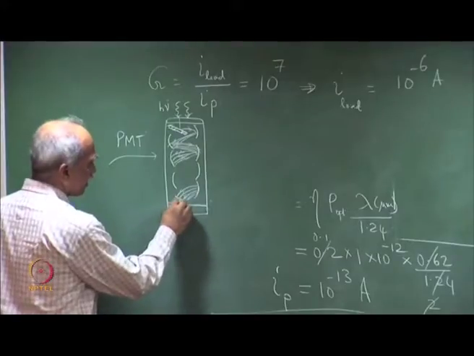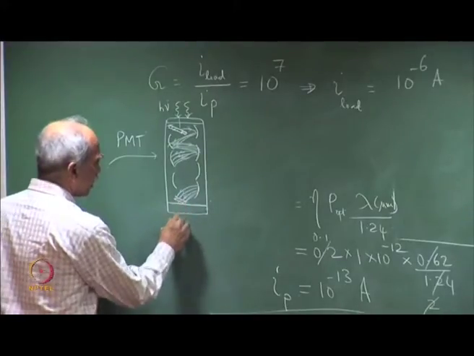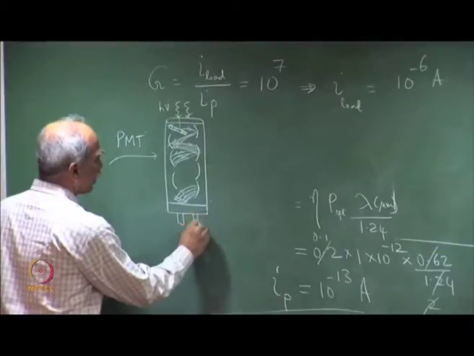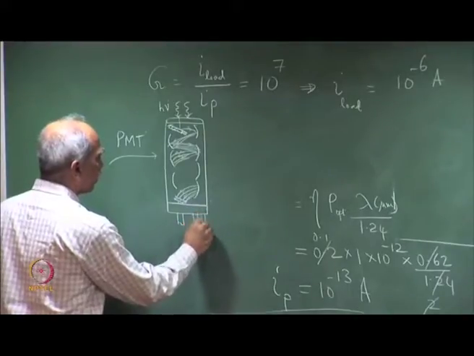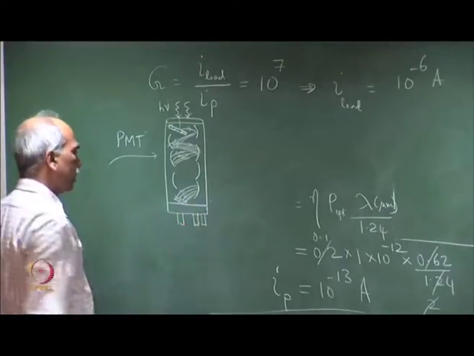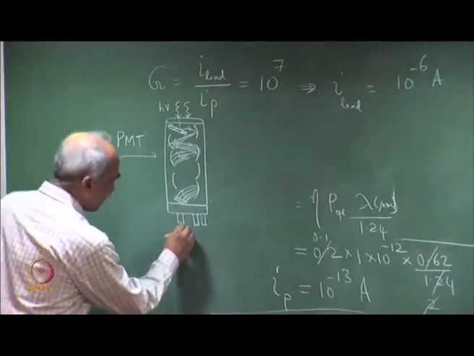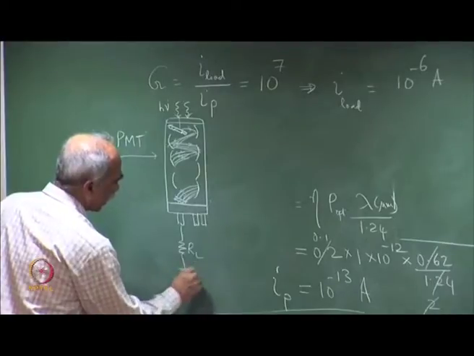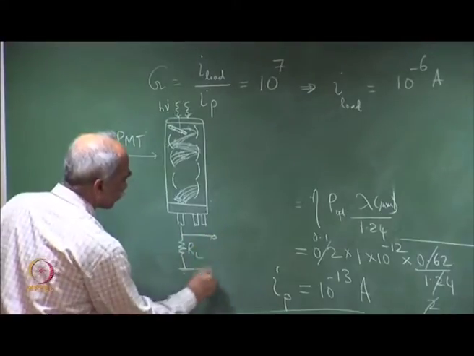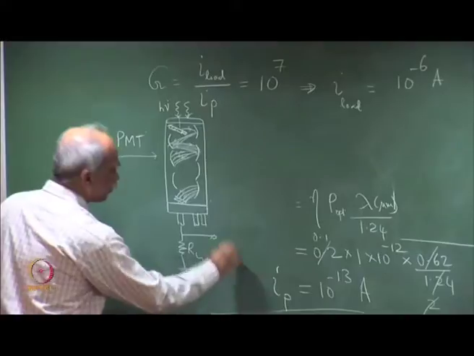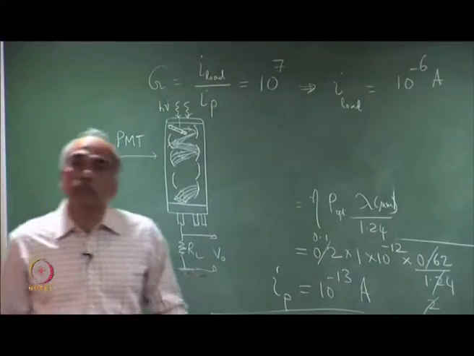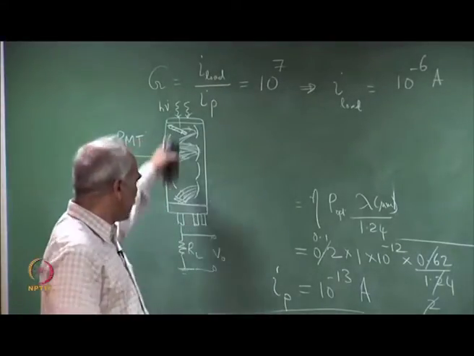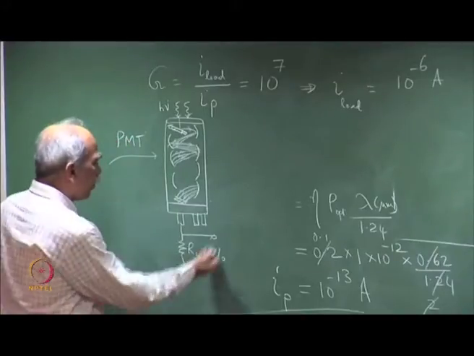Normally there are terminals to connect the power supply and the cathode current. This is passing through the load resistance R L, and here we have the output. One can measure the photocurrent coming out, or the voltage generated here.